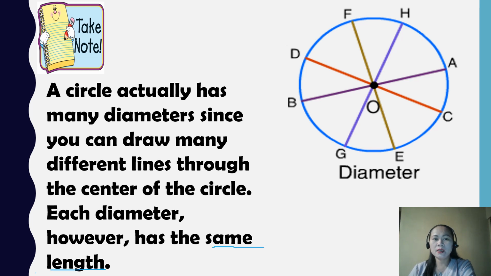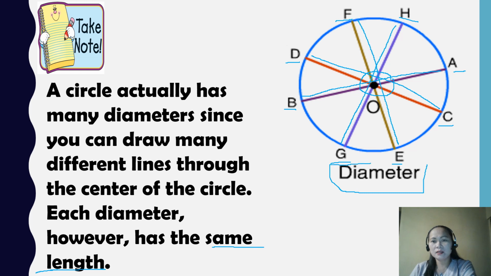In our illustration, O is the center of the circle, and points A, C, E, G, B, D, F, H lie on the boundary of the circle. Segments BA, BC, FE, and HG are diameters of the circle.